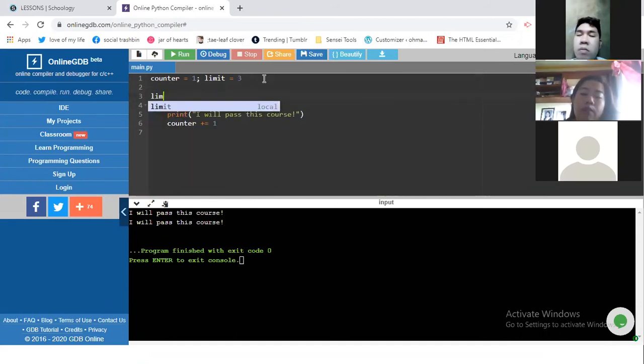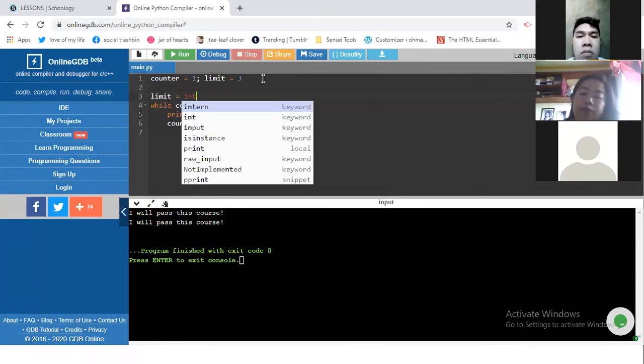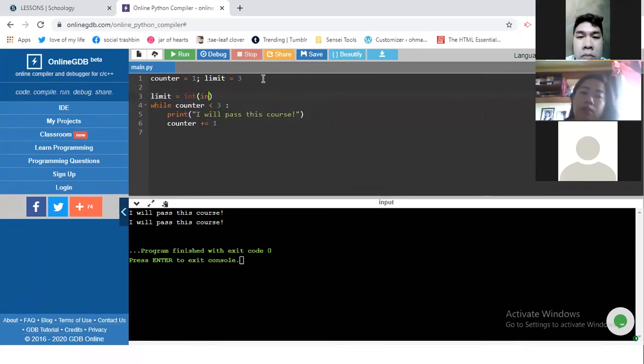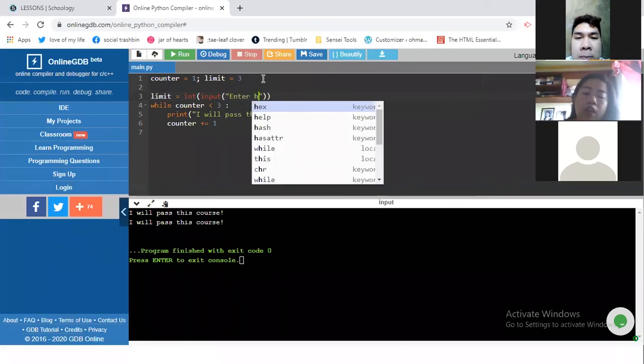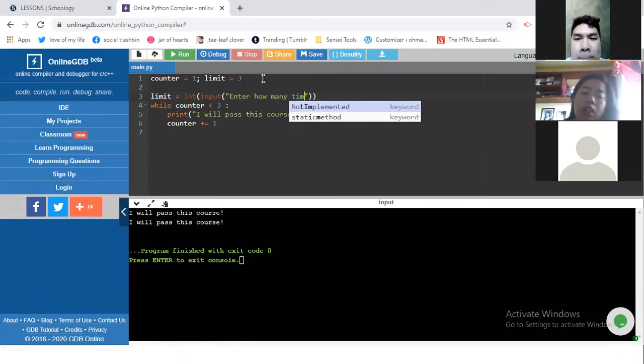Example, limit is equals to... so dynamic na siya, and then counter start with 1.